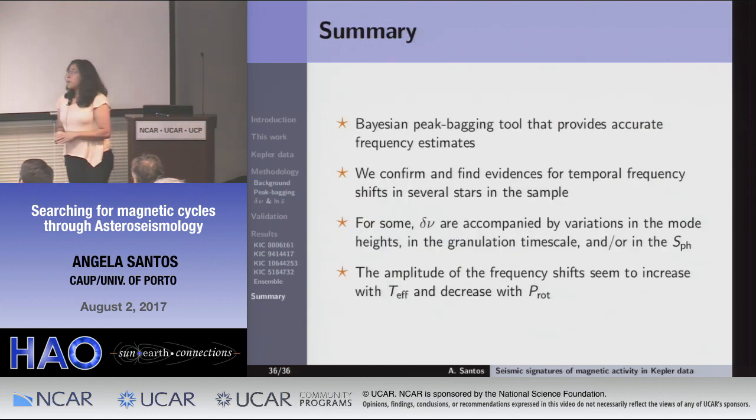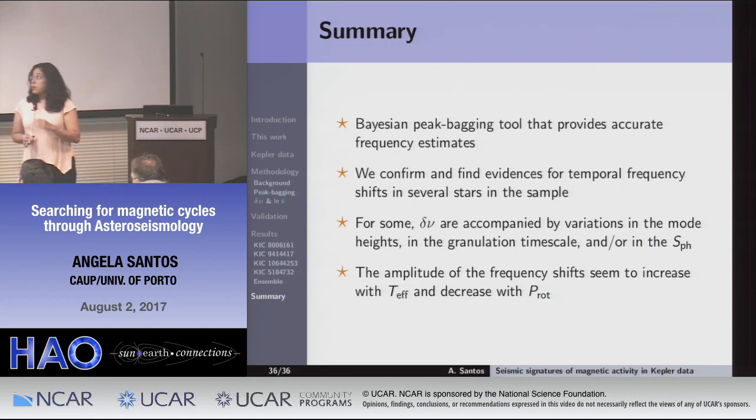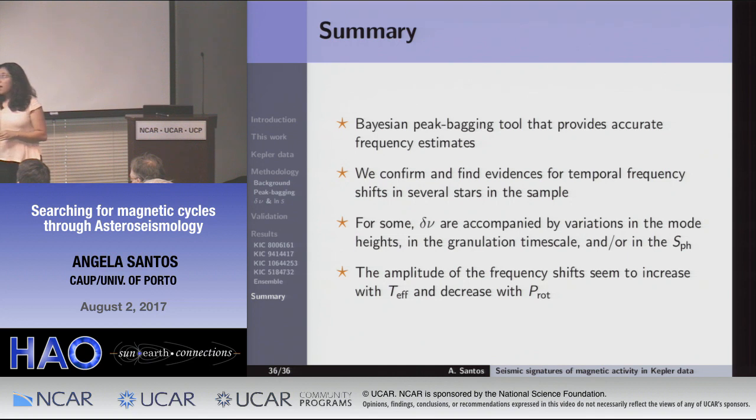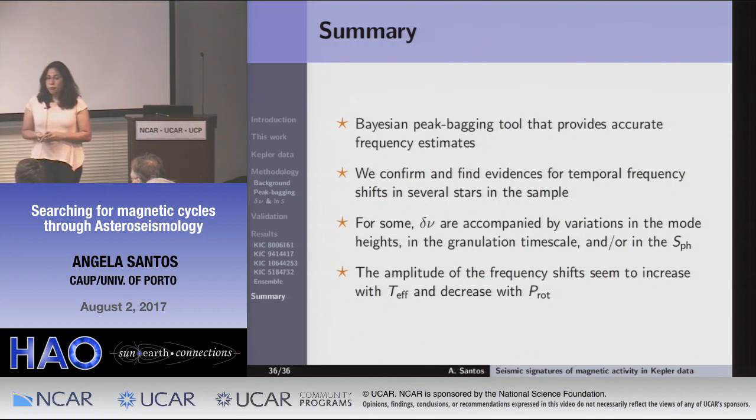So I leave you with the summary of our results, but I want to conclude by saying that this is just the beginning of what we can do with asteroseismology in studying magnetism in stars. We can use asteroseismology to search for and detect magnetic cycles, but more importantly, to learn about stellar magnetism, and hopefully also to learn about the magnetism of our Sun.